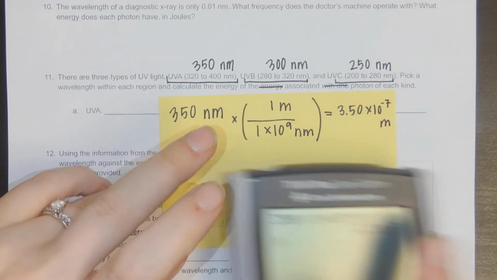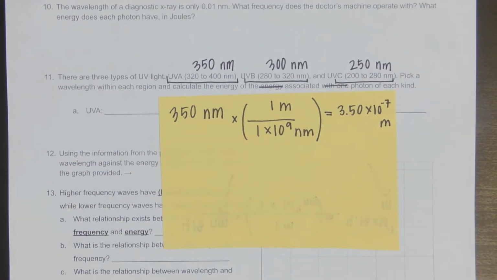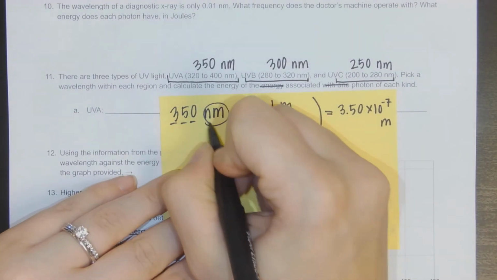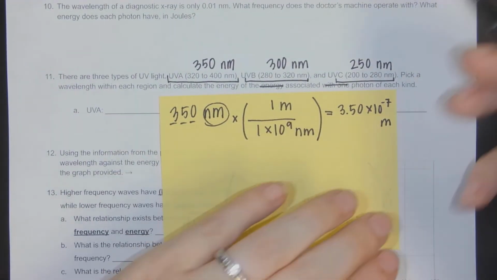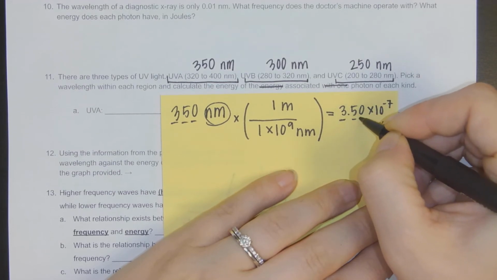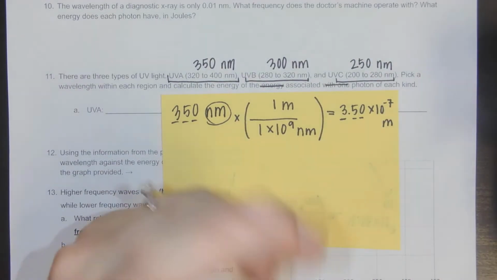That's how many meters this is. There's always that pattern, right? If it's a 3-digit number in nanometers, it ends up being blank point blank blank to the negative 7th power.